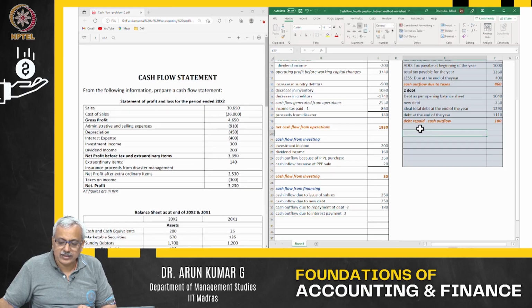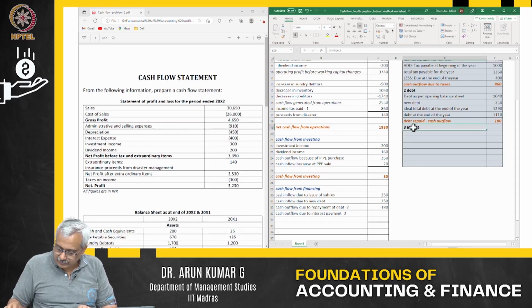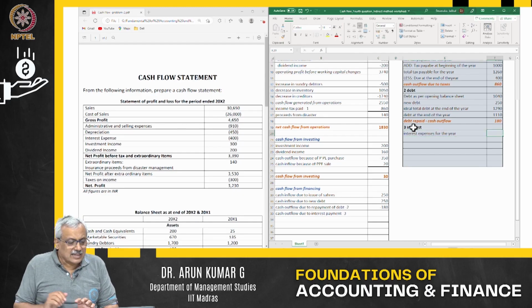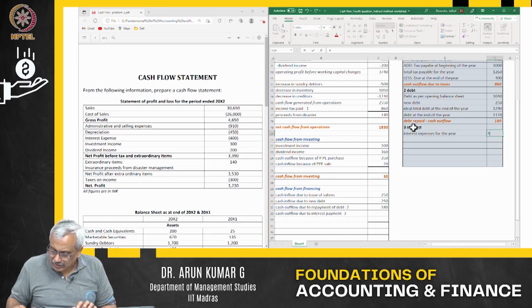And let us see in this particular case, number 3 part of it is interest. Interest expense for the year. How much is it? As per the P&L, $400.